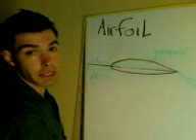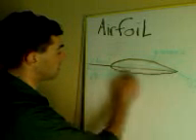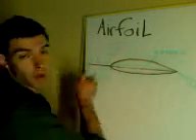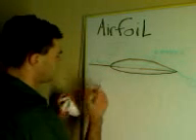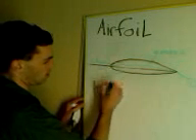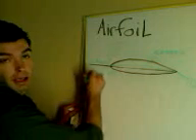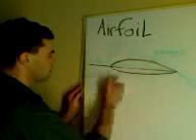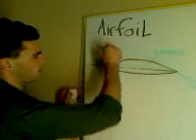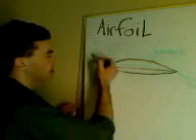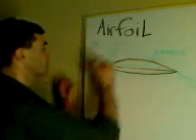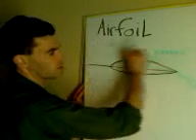So angle of attack is the difference between the chord line and the direction of the relative wind. Now, the relative wind can be coming down like this, and then you have a really big angle of attack. The relative wind can also be coming from the top, and then you have an angle of attack in this direction. So those are our definitions.